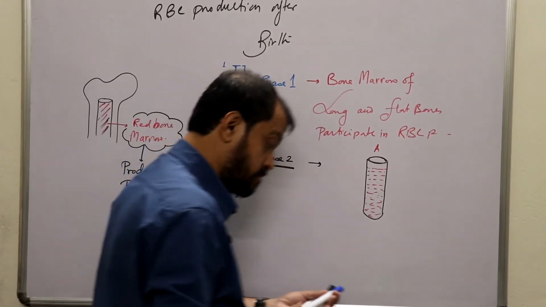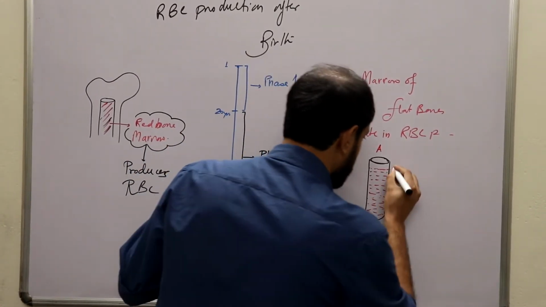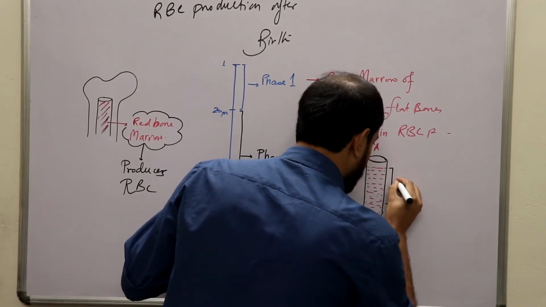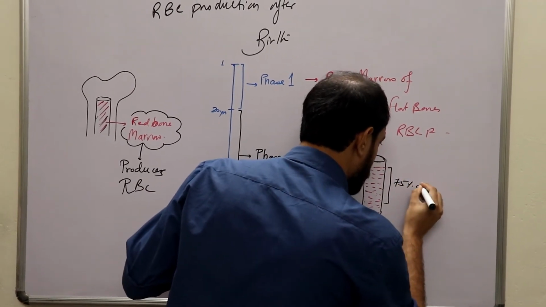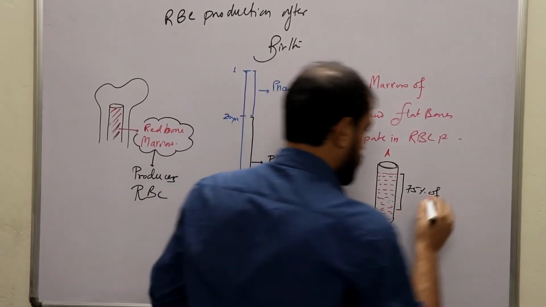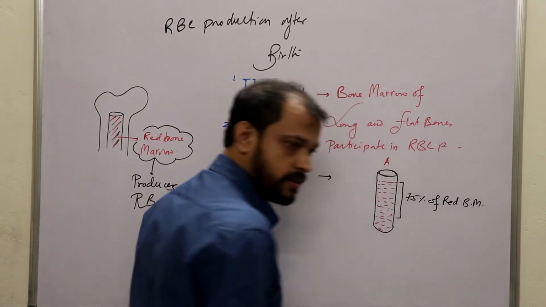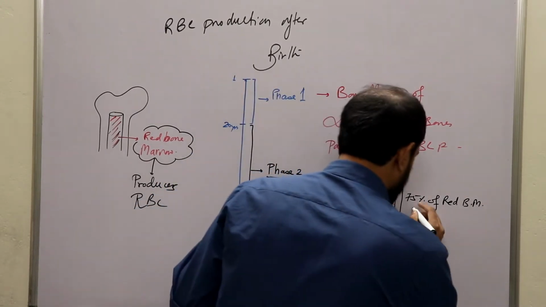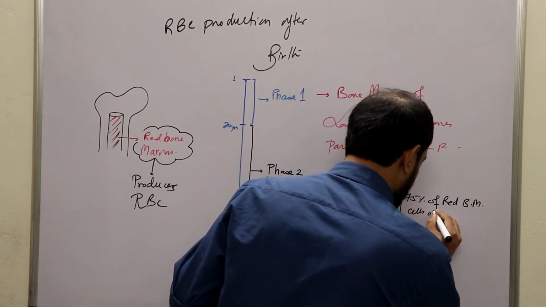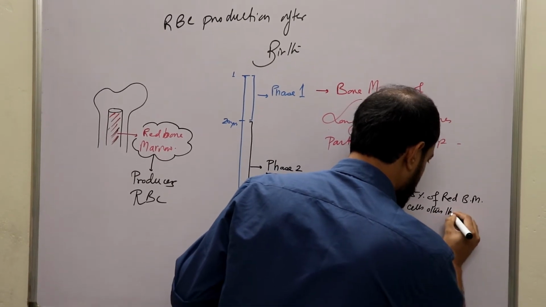Now this is a very tricky question, and you should understand one thing: 75% of red bone marrow produces cells other than RBC.